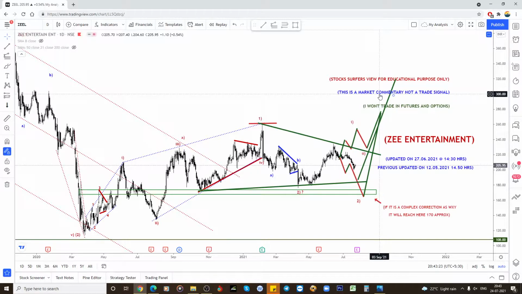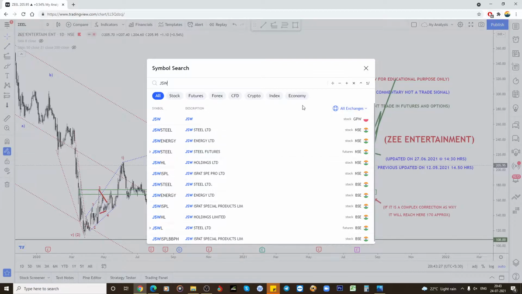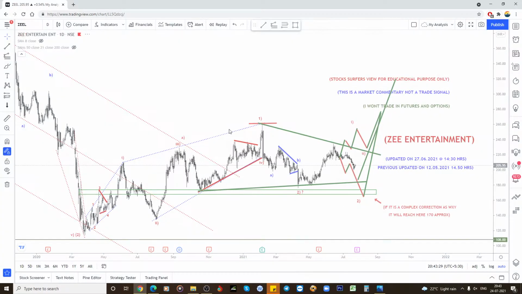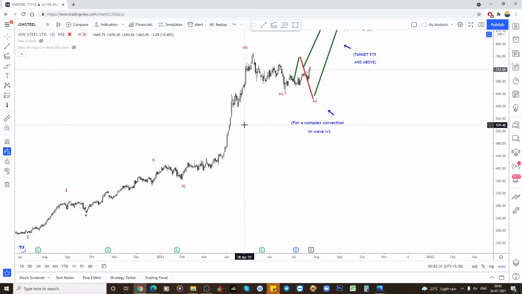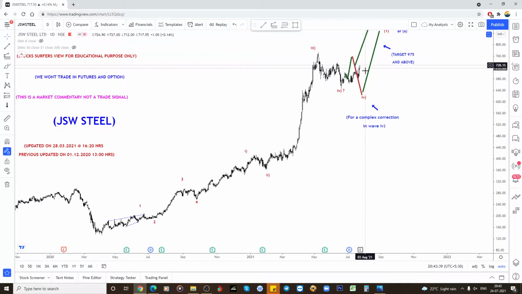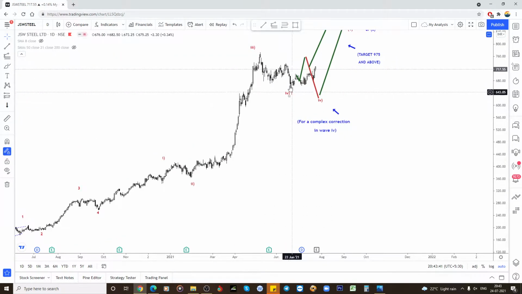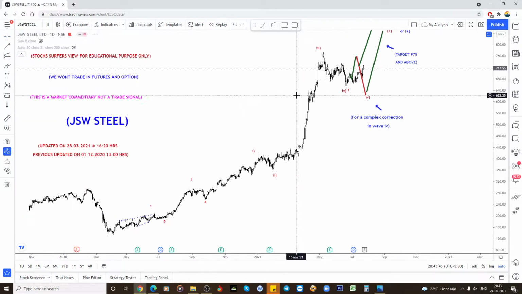So next we will move on to the steel sector, JSW. Here I expected one more wave to the high, or this is the end of the fourth. I am expecting the fifth wave, but still it is making all three-wave structures here also. So the fourth wave is still in progress.